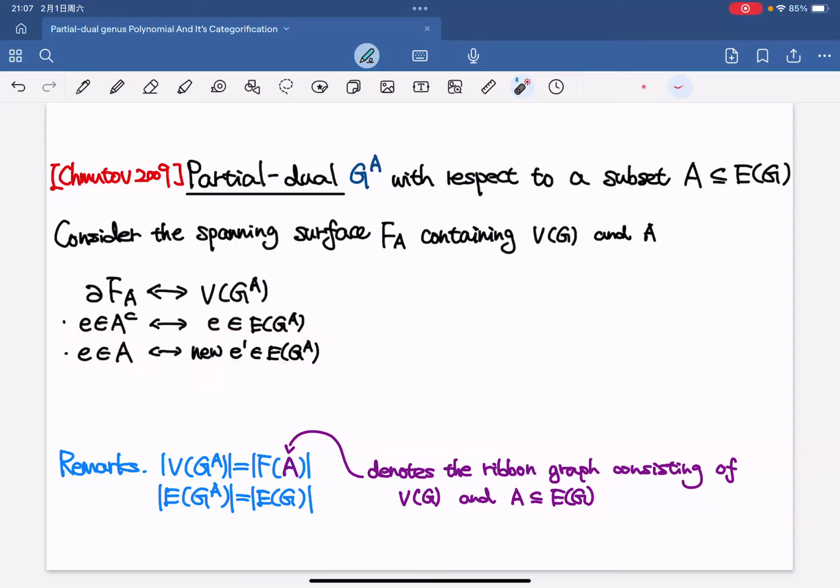So the number of vertices of the new ribbon graph is equal to the number of boundary components of F_A. Here we simply use the capital letter A to denote the ribbon graph consisting of all the vertices of G and just the edges in A. And of course, the numbers of edges are equal.